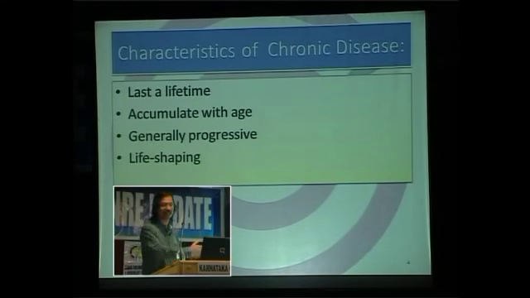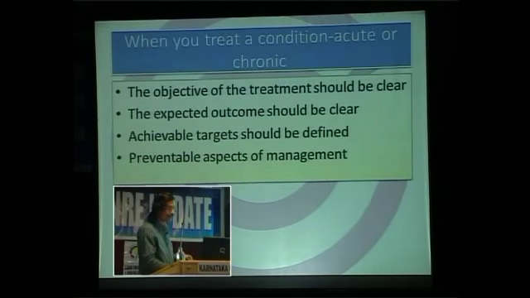You know, after some time his hand is going to deform. After some time the knee may break down. Or after some time his mobility is going to get restricted. So these are what we can say: it lasts a lifetime, accumulates with age, is generally progressive and can change the life. I mean, it could be a life-shaping kind of disease.